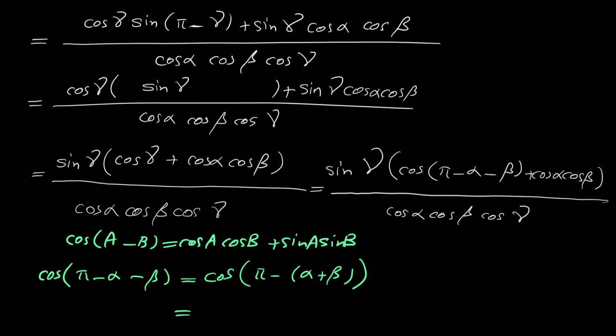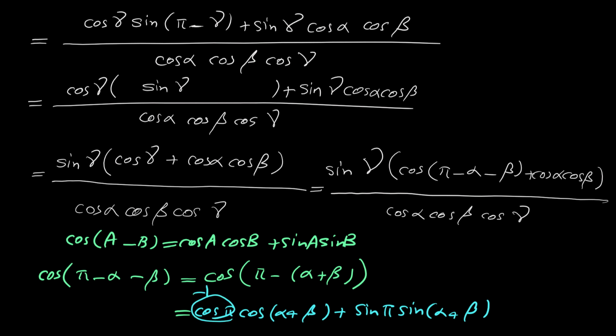If we use this formula, then we have cosine of pi, cosine of alpha plus beta plus sine of pi, sine of alpha plus beta. Cosine of pi is -1, sine of pi is 0. So this term is gone, and this equals negative cosine of alpha plus beta.